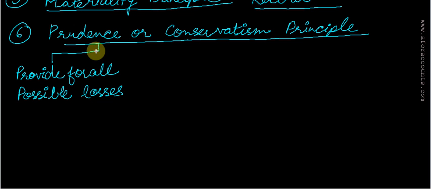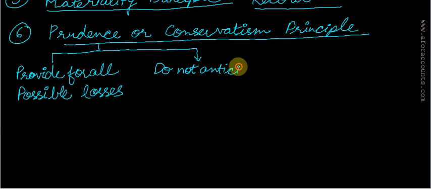I have not still received any profit, and I cannot say with surety that I will receive some profit, and I will start accounting for it. No. So do not anticipate a profit. For losses, I should definitely provide.